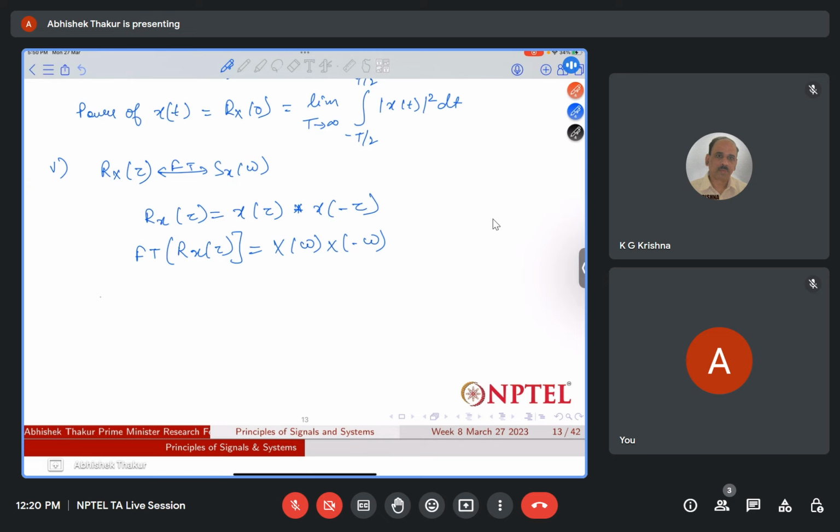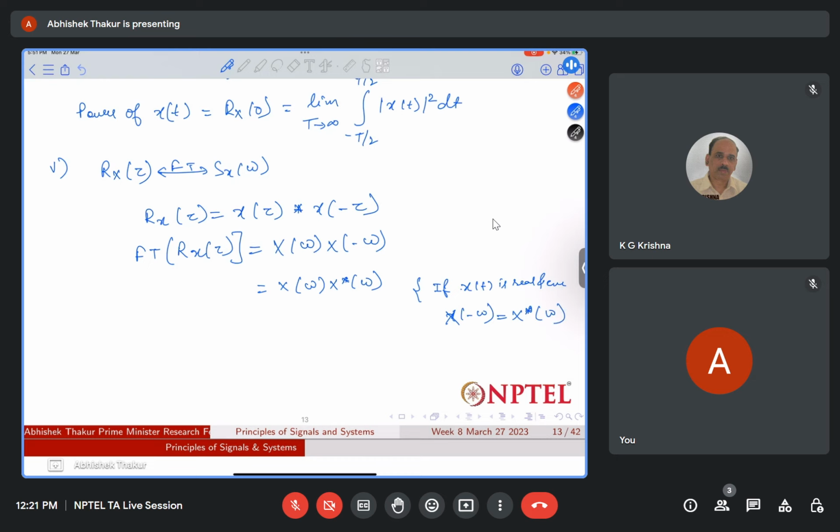In this case, let's suppose x(t) is a real signal, real and even, then X(-omega) is equal to X conjugate of omega, and this will become X(omega) into X conjugate of omega. If x(t) is real and even, X(-omega) becomes X conjugate of omega.